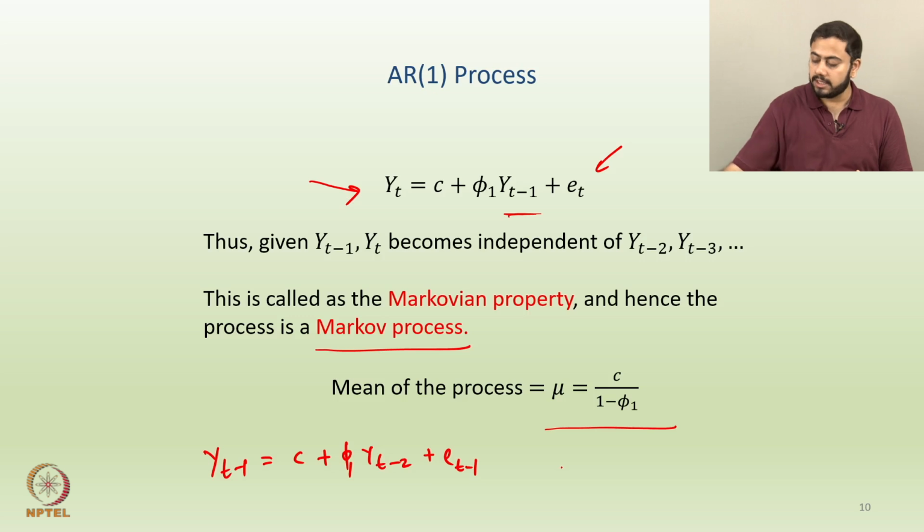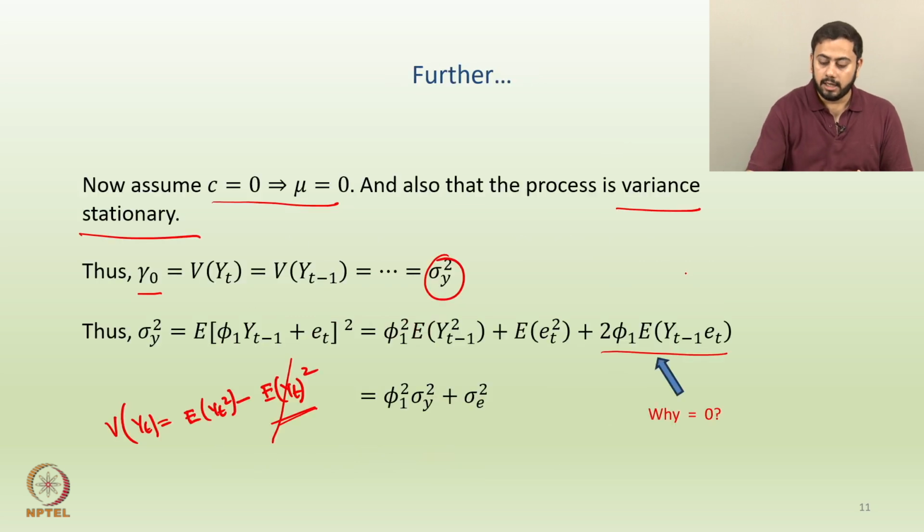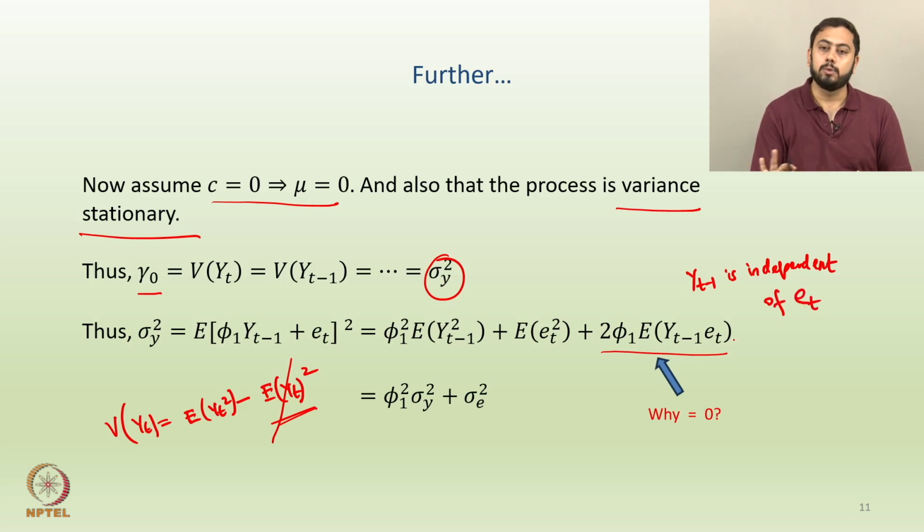So I can write down a small assumption here on the next slide, that yt minus 1 is independent of et, and hence the expectation has to be 0. Since yt minus 1 and et are independent, the expectation of their product has to be 0.